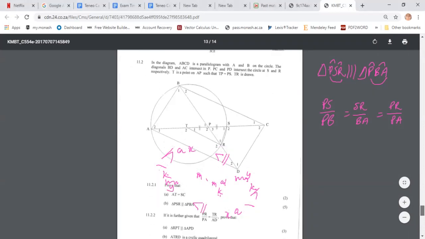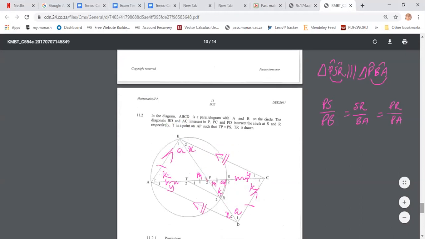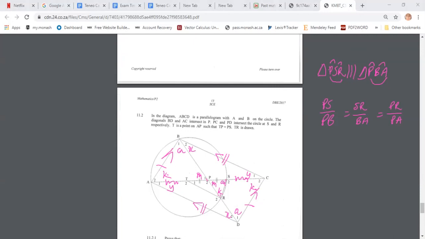All right, so it is further given that PR over PA, do you see that that's on the far right in that proportion that I wrote out? PR over PA equals TR over AD. Okay, so now this is where it starts getting terrible. TR over AD.